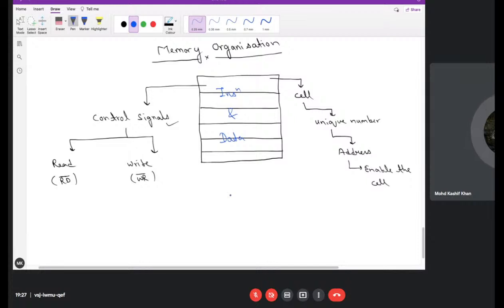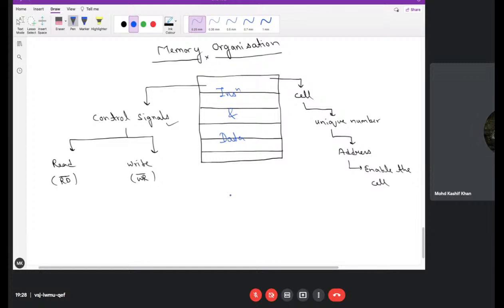At the first point: memory is a storage element in the computer system used to store the user program.